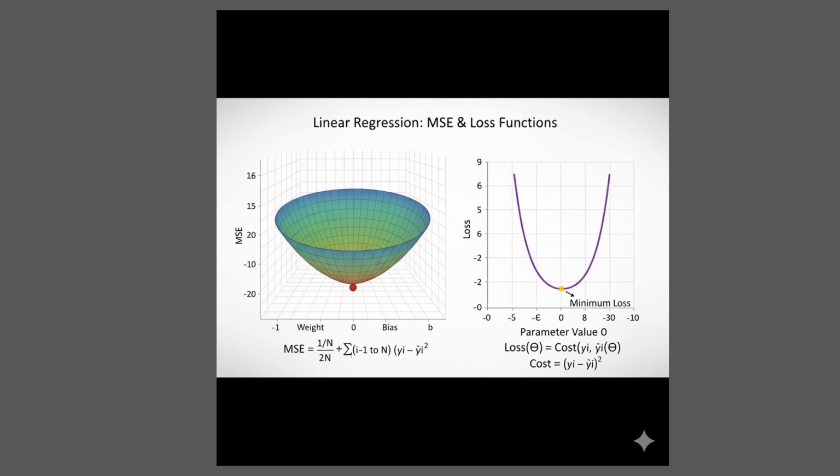In the previous slide, you saw multiple lines drawn. We find the MSE for all those lines, and whichever line has the lowest loss or cost value represents the best fit line.